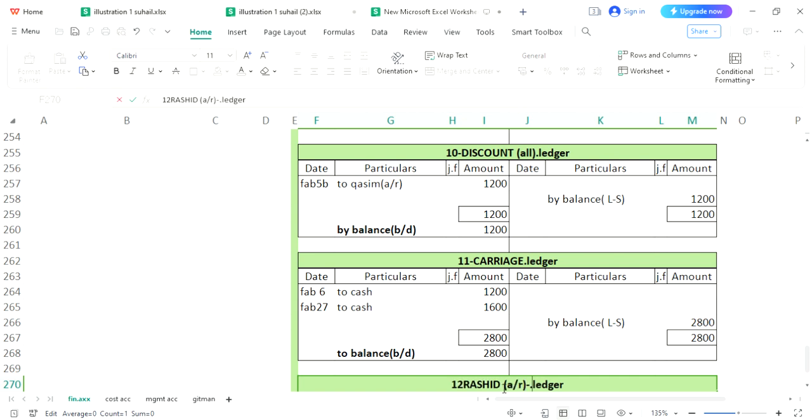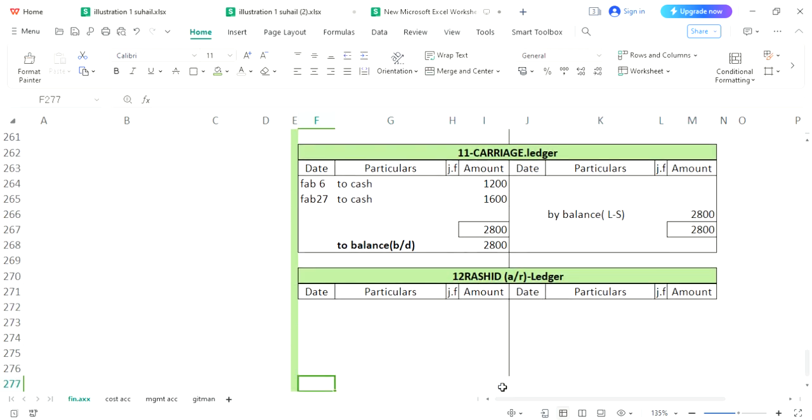And what we will be doing, we will now be searching Rashid. If it is present on debit side, we will choose same debit side in the ledger and we'll put amount over here. And if Rashid is present on credit side, we will choose credit side of the ledger as well.